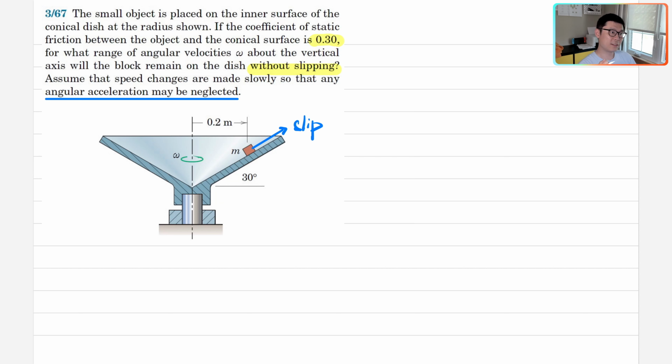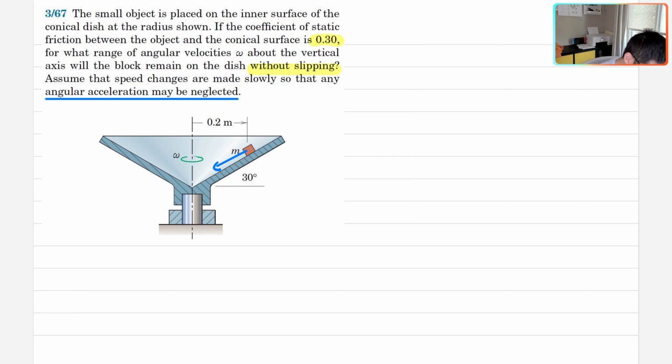What about when the cone is stopped, or when the cone is at a smaller speed? If this angular speed is not enough, can we have m sliding down instead of going up when the cone is not spinning fast enough? Or when the cone is stopped, of course, m will slide down.